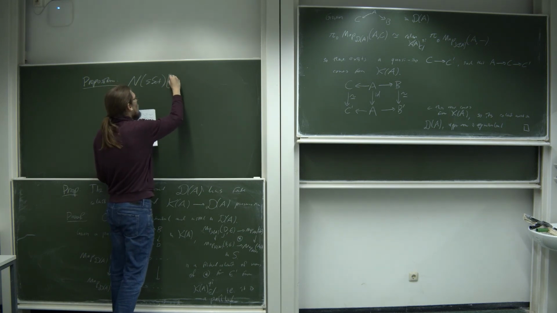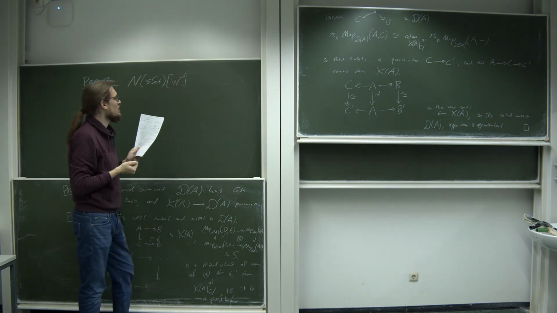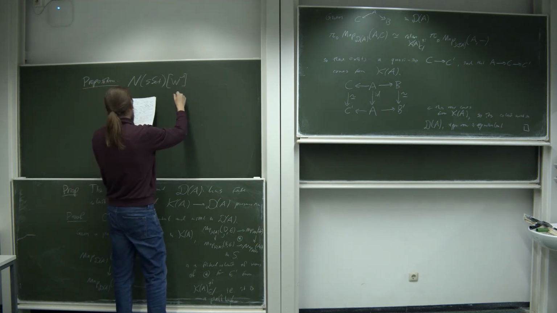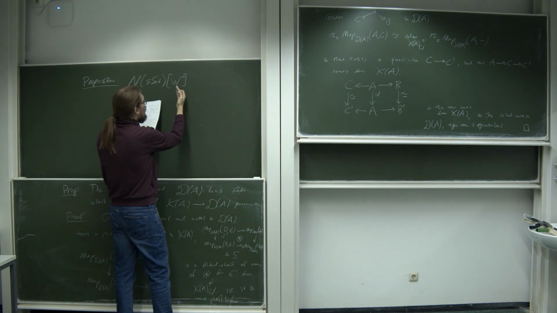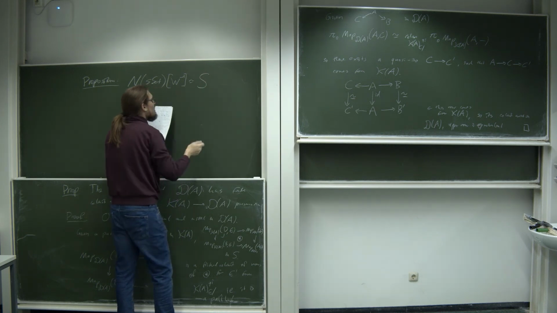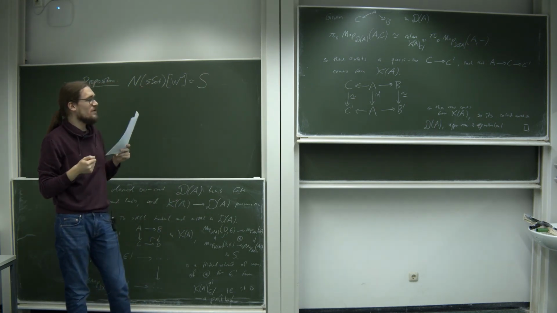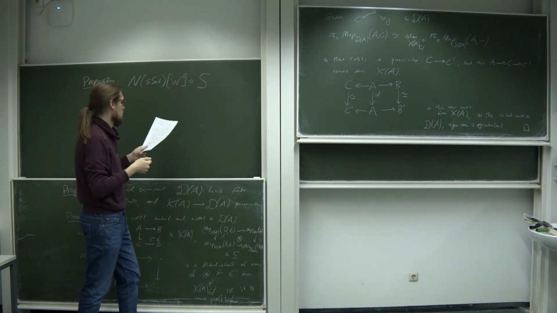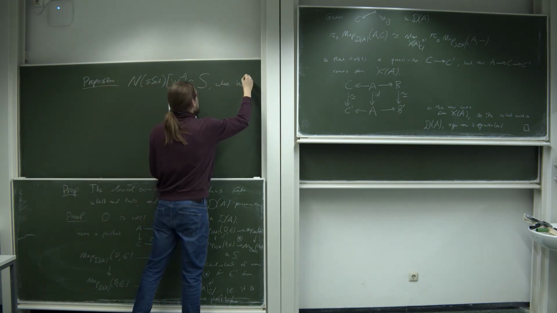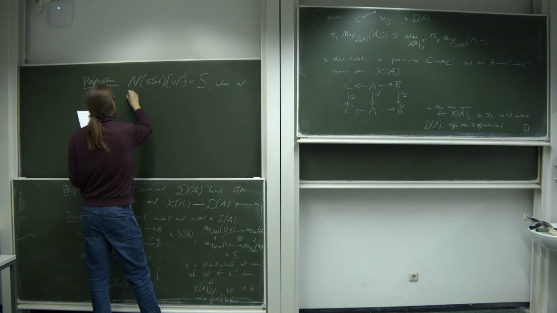But then we invert, we localize at a certain class of morphisms, namely the weak equivalences between simplicial sets. Then you actually get an infinity category that's equivalent to the infinity category of spaces. So here W is weak equivalences.